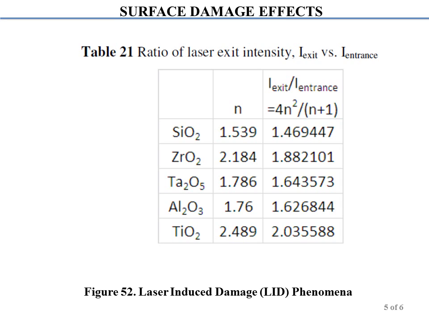For titanium dioxide, the index is 2.489, and the ratio is 2.036. And as you can see, titanium dioxide clearly has the highest ratio of laser exit intensity versus entrance, followed by zirconium dioxide, then tantalum pentoxide, aluminum oxide, and then silicon dioxide.